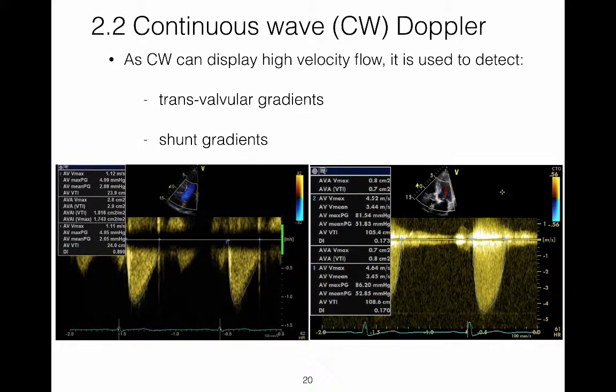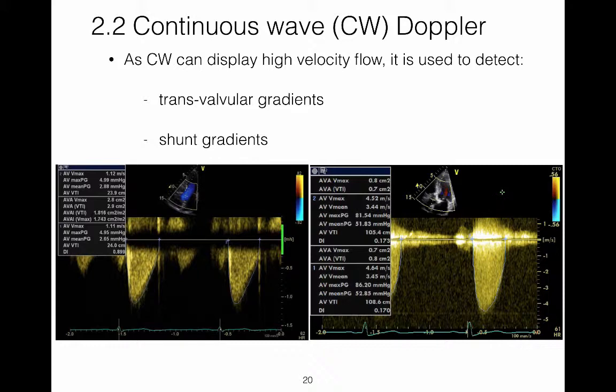As CW can display high velocity flow, it is used to detect transvalvular gradients and shunt gradients. In both cases, blood flow velocities can exceed 4 or 5 meters per second, and so pulse wave is inadequate to measure these.